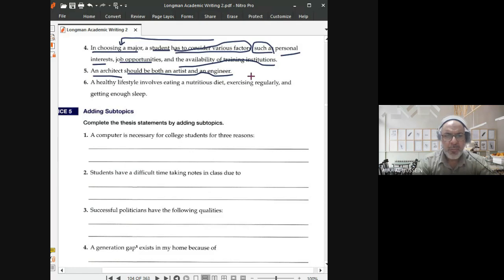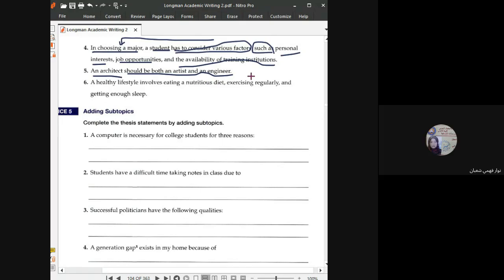Okay, Nawar Fahmi. Yes, doctor. The topic is an architect, like they previously said, and should be both an artist and an engineer, as was mentioned, is the controlling idea. And the subtopics are an artist and an engineer, both an artist and an engineer.